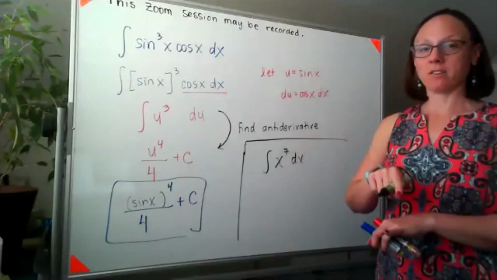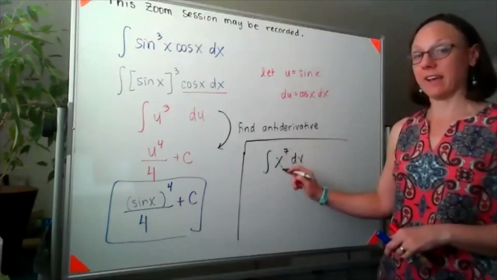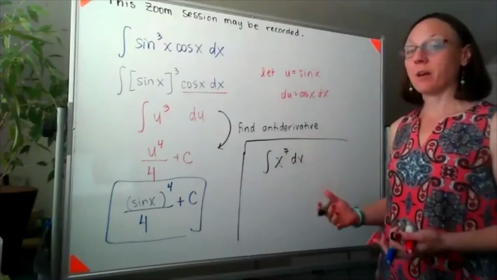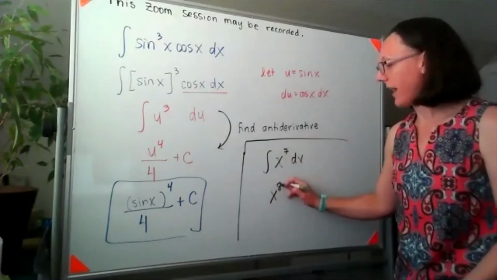Antiderivatives are going backwards. So instead of subtracting 1 from the exponent, I would add 1 to the exponent. So my guess for the antiderivative might be x to the 8th.